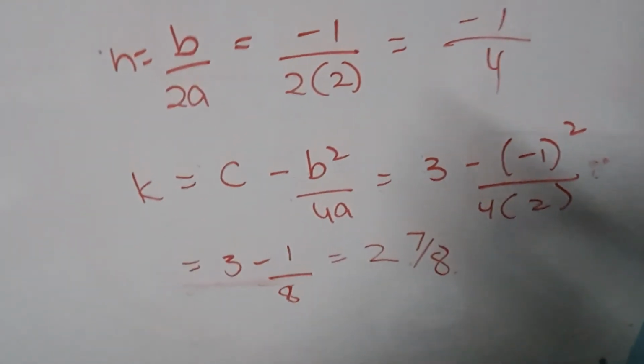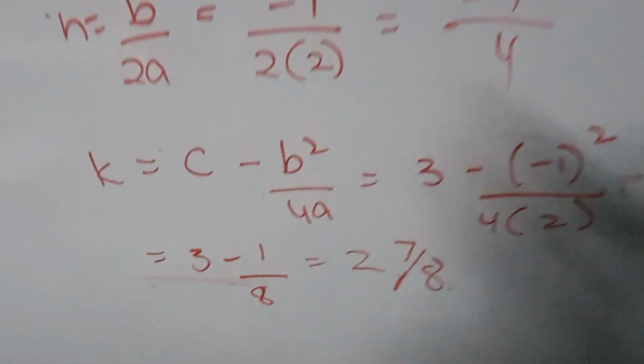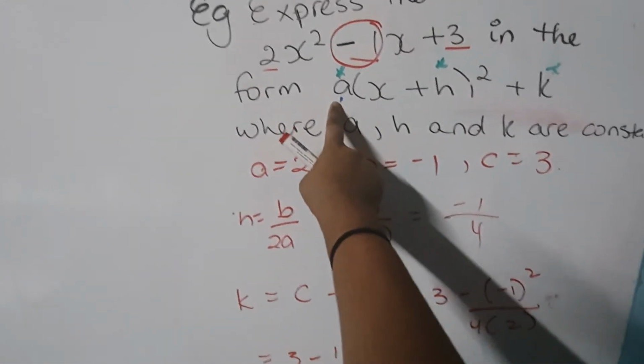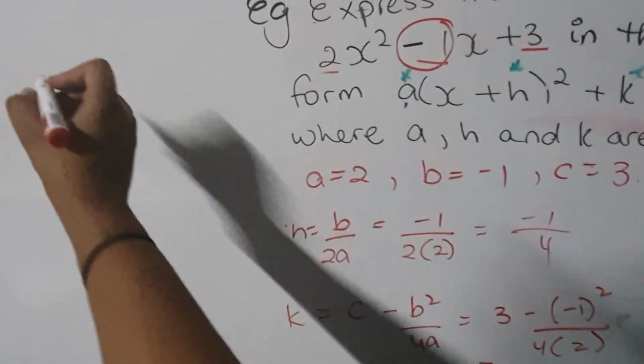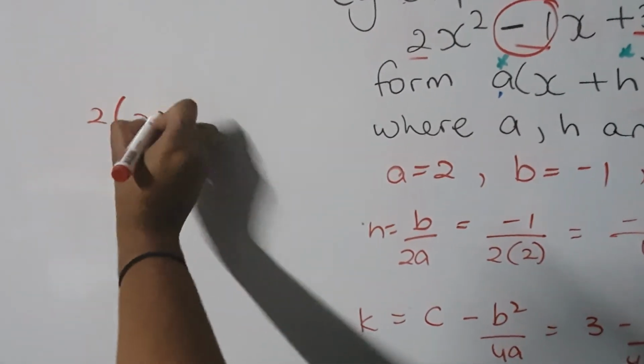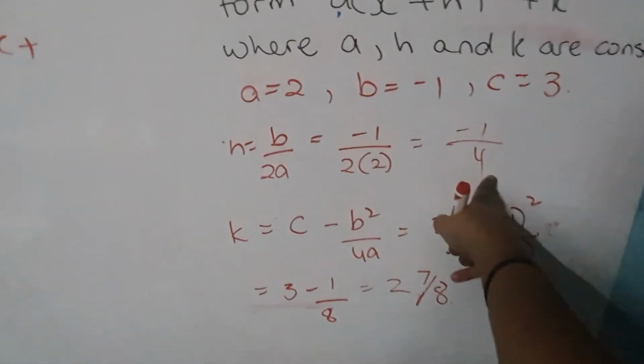So we got fractions there. Nothing is wrong though if we got fractions. They're still correct. So now what we're going to do is fix our answer line. So basically we're writing the same thing, but we're sticking in our A, H, and K values. So our A was 2, open bracket, x, plus our H value, which was -1/4.